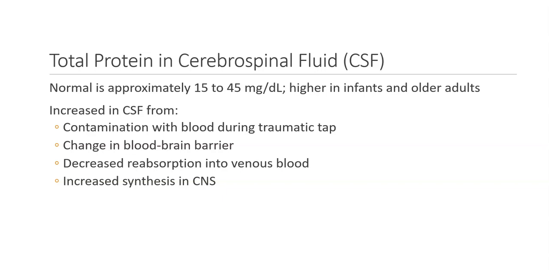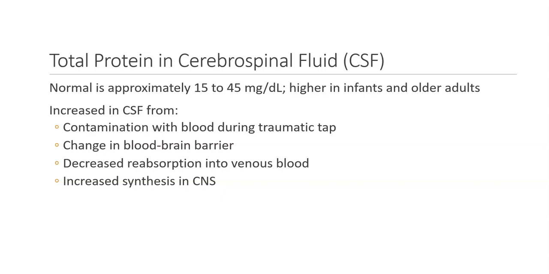Some causes of an increased amount of protein in CSF are contamination with blood during a traumatic tap. Your blood has quite a bit of protein in it, so if it contaminates the cerebrospinal fluid, it will falsely elevate the protein.